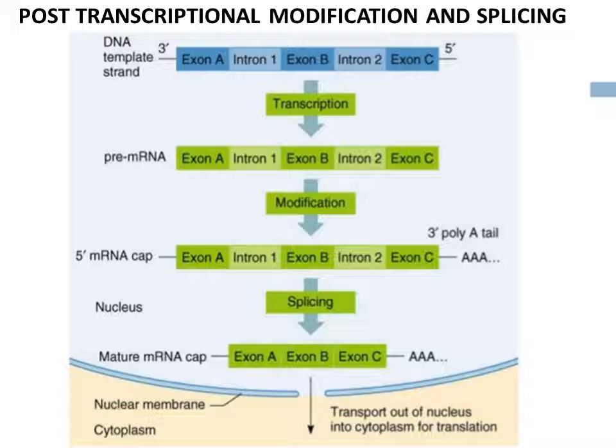What happens in the modification? As we already learned, the poly A tail is added at the 3 end of the molecule, and at the 5 end of the RNA molecule the cap region, 7-methyl guanosine triphosphate, is added.